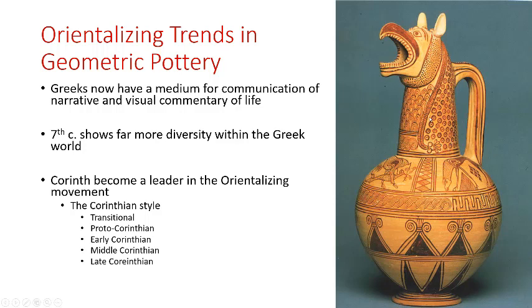This particular vessel is expressive of this. You see this lion-type creature that has killed a deer-type creature. We see some of the geometry that remains here, and the meander. But then we have it juxtaposed with things that are much more fluid.